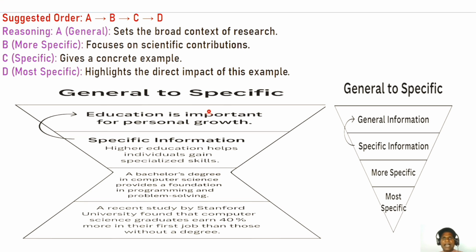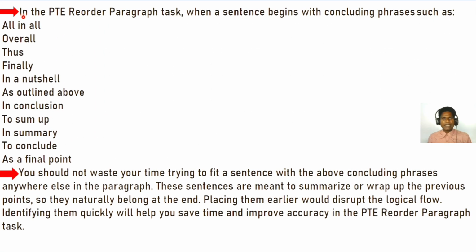in the PTE exam. You can see here on the screen, in the PTE Reorder Paragraph task, when a sentence begins with concluding phrases such as all in all, overall, thus, finally, in a nutshell, as outlined above, in conclusion, to sum up, in summary, to conclude, as a final point, then you should not waste your time trying to fit a sentence with the above concluding phrases anywhere else in the paragraph.